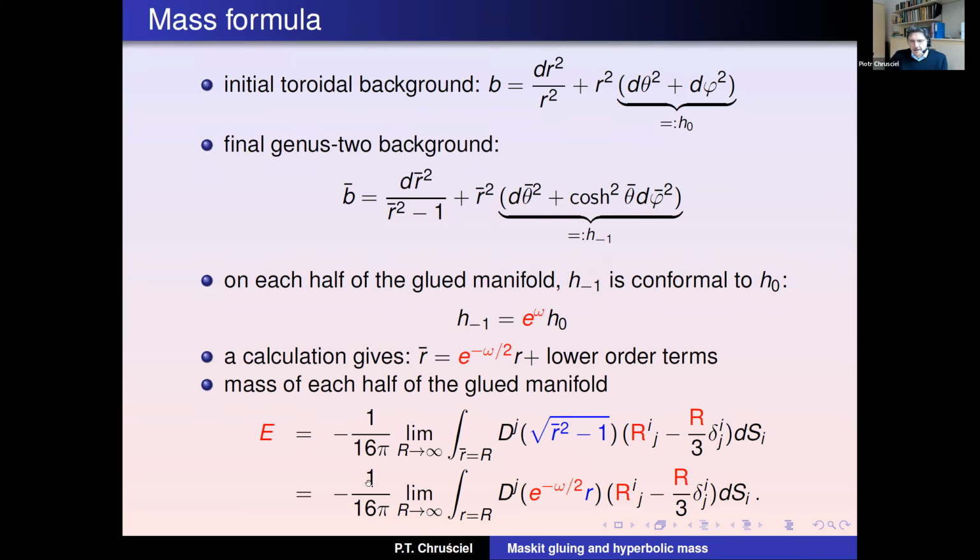So if you make this conformal change, the initial mass is calculated like that, and the new mass is calculated like that, and this is on each half, right? So if you do this gluing symmetrically, as was suggested by my picture, then the mass of the new manifold will be twice this expression.